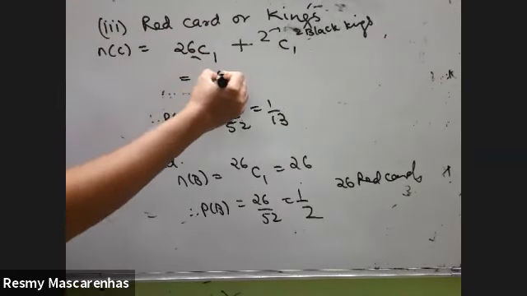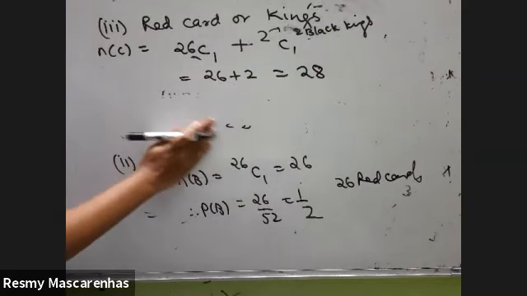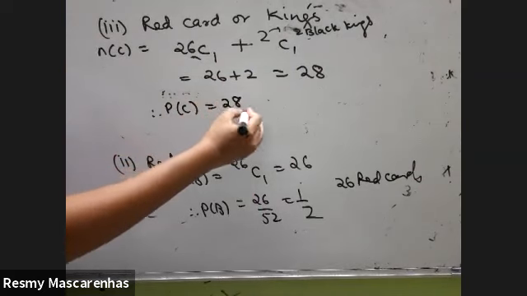That will be 26 plus 2, which is 28. So probability will be 28 upon 52.